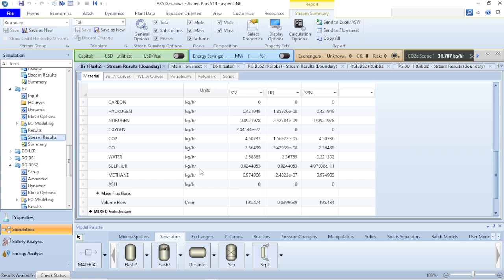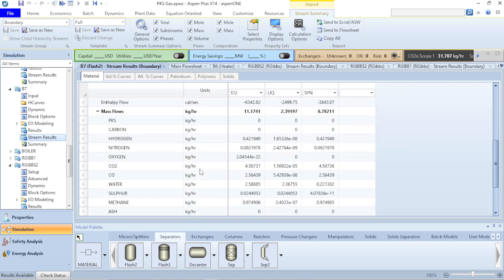From this point we can see that first of all we've totally converted our PKS, that's the palm kernel shell, into gaseous form for the production of hydrogen, and we have 0.42 of the hydrogen being produced, and then we have nitrogen here, CO2 also is coming out from it.